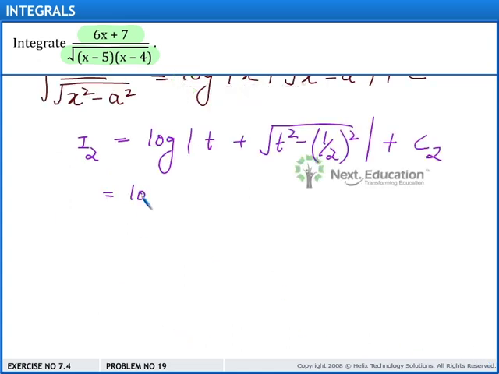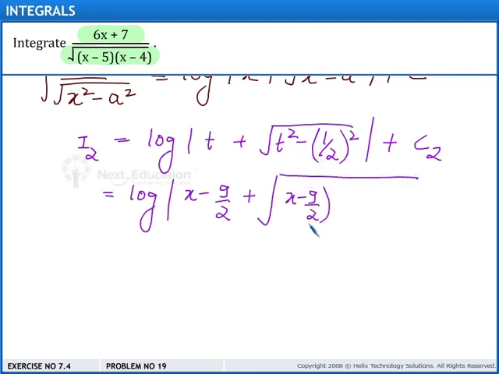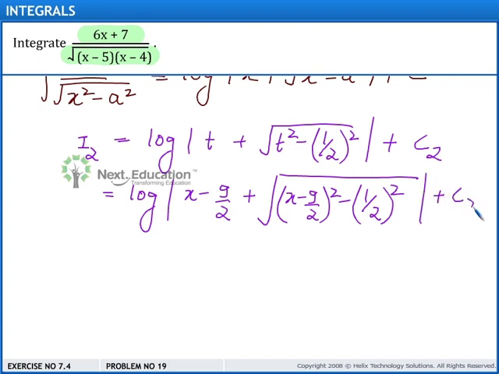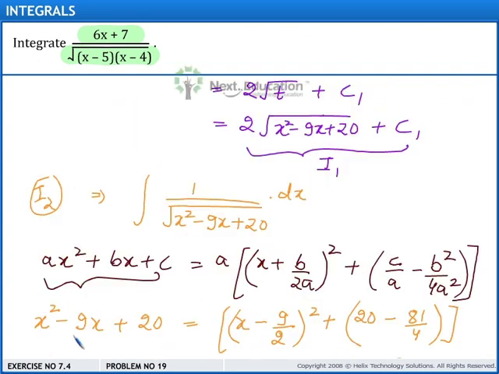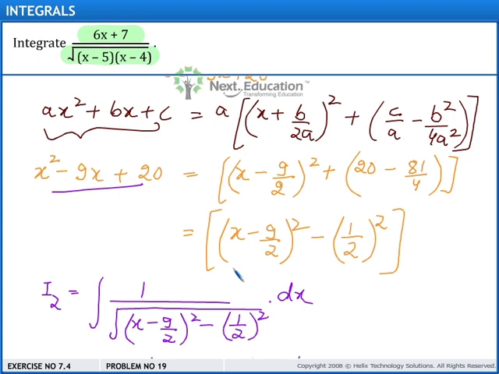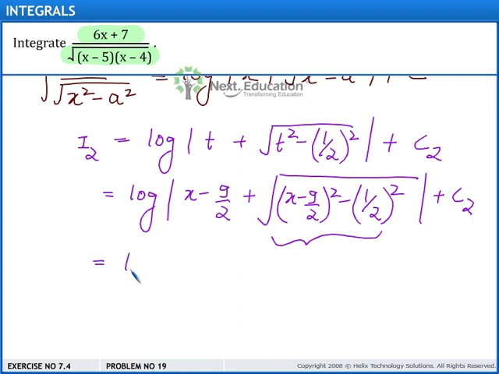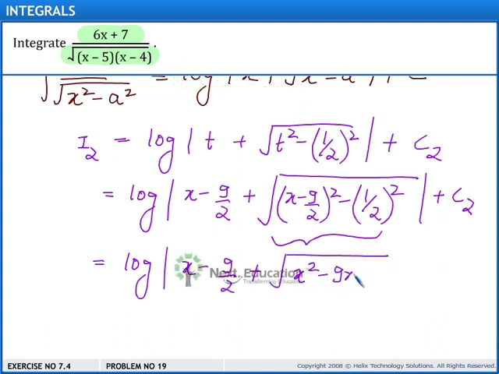So this can further be written as log|x − 9/2 + square root of (x − 9/2)² − (1/2)²| plus the constant c2. And this is nothing but, we started here from x² − 9x + 20 and we arrived at (x − 9/2)² − (1/2)². So this can be replaced by log|x − 9/2 + square root of x² − 9x + 20| plus the constant c2.